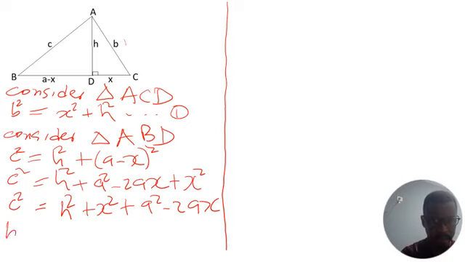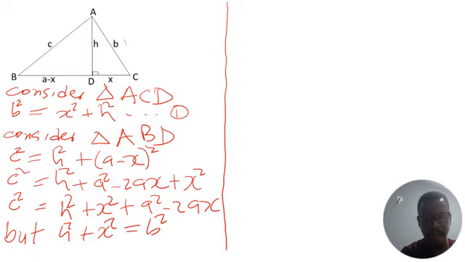But in this case, we know that H squared plus X squared is equal to B squared, right? So let us substitute. Let's do substitution now. Where there is H squared and X squared, we put B squared.